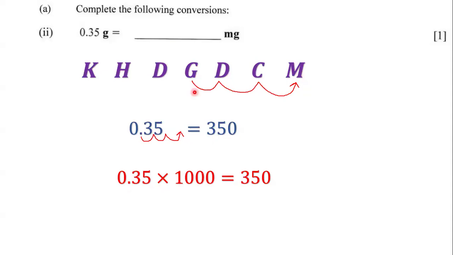We use 1,000 because we move over 3 times; for each time we move over to the right, we put a 0. That gives us 350, or 350.0, which is the same thing. So our answer here is 350 milligrams.